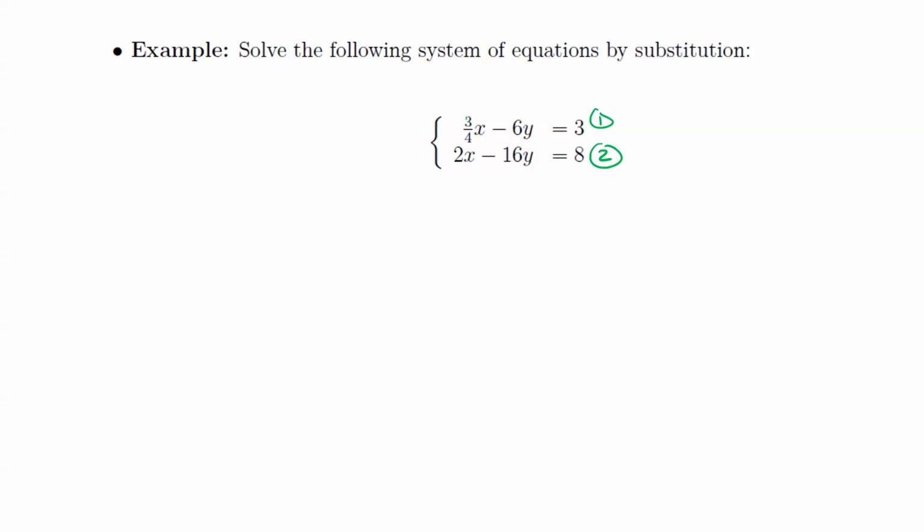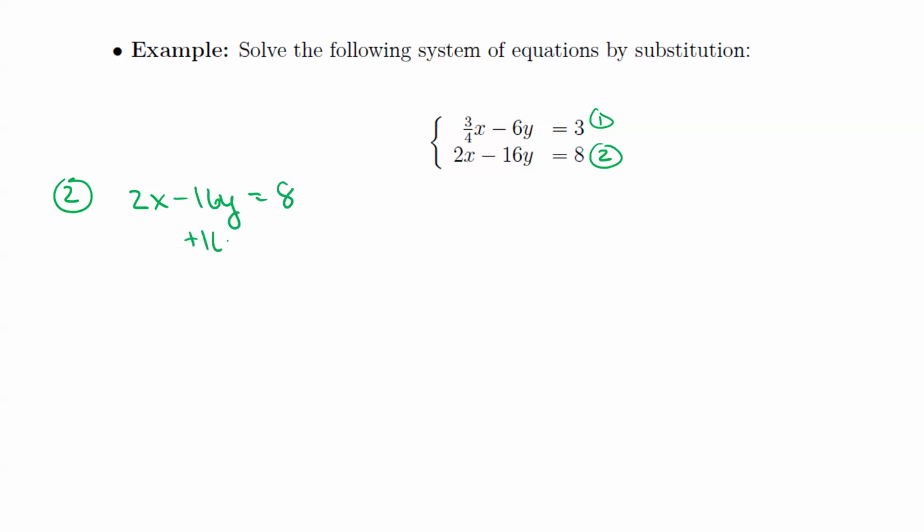Well, would I rather divide by 3/4, negative 6, negative 16, or 2? I think the answer is clearly I'd rather divide by 2, right? Numbers turn out pretty nicely when you divide by 2. They turn out less nicely when you divide by things like 6 or 16 or even 3/4. So the best choice would be to take equation number 2 and work on getting this x all by itself.